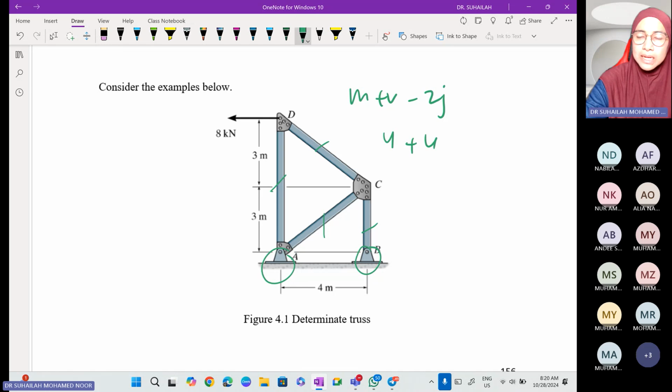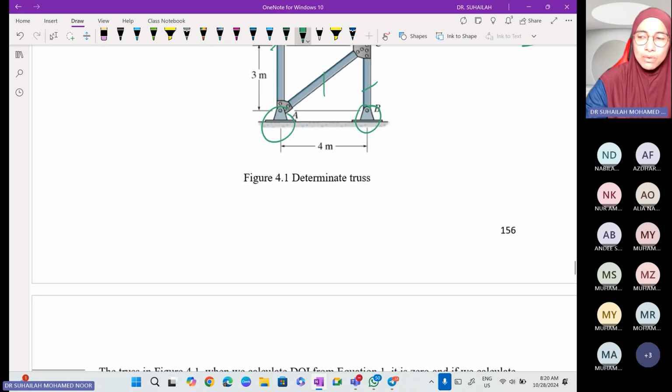So m plus r is 8, minus 2j, joints, 1, 2, 3, 4, so 2 times 4. Okay, this is a determinate truss, because it is equivalent to 0 when we check for the DOI.